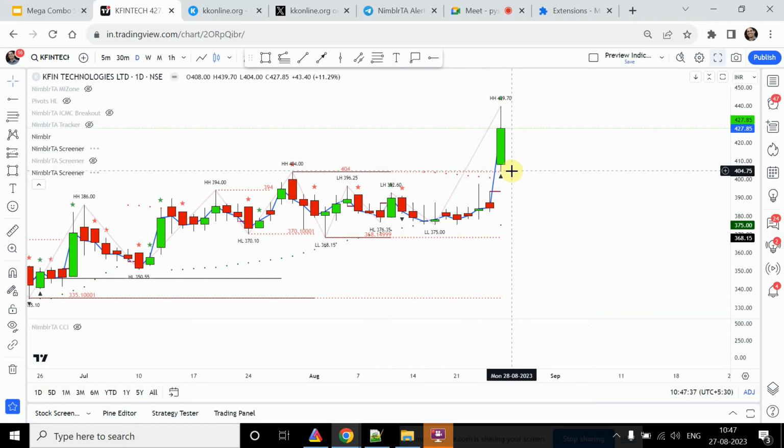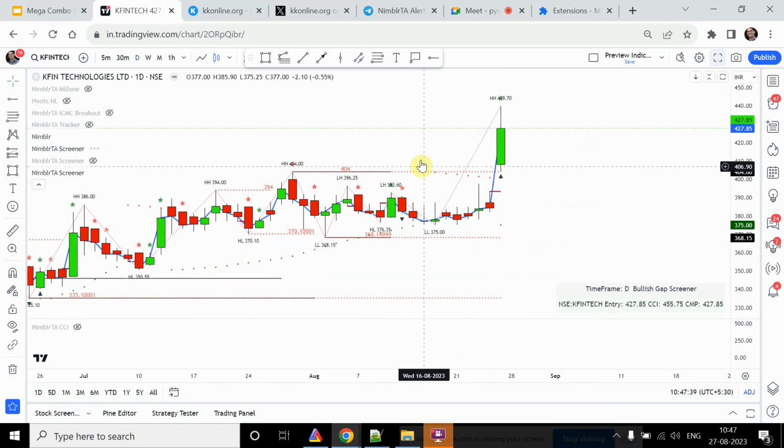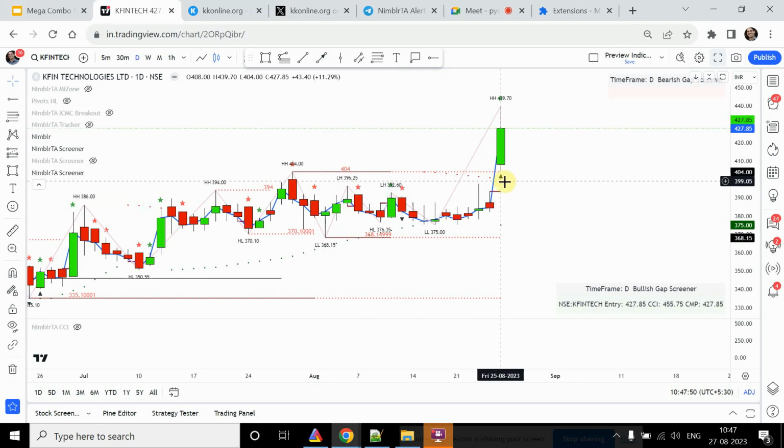As soon as the gap up happens in the morning, we could get K Fintech identified as a gap up stock, because a recent lower low was there, and over here we see this particular arrow telling us the recent swing higher value of 404 has moved, or it has opened above that value, and that is the reason it is a gap up stock.